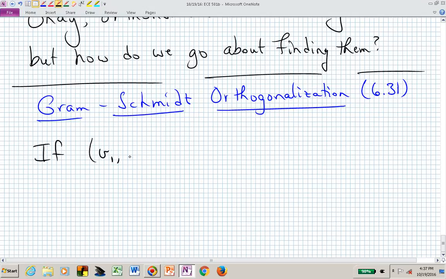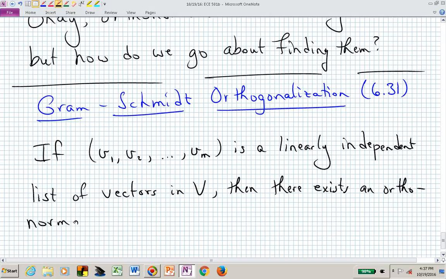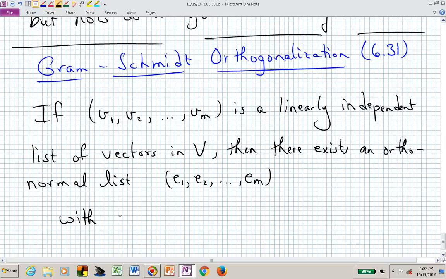Let's say that we now have a list of vectors, v1, v2, up to v sub n, and let's say that that list of vectors is a linearly independent list of vectors in our vector space V. Then there exists an orthonormal list E1, E2, up to E sub n that has the same span as the previous list of linearly independent vectors v1 through v sub n.